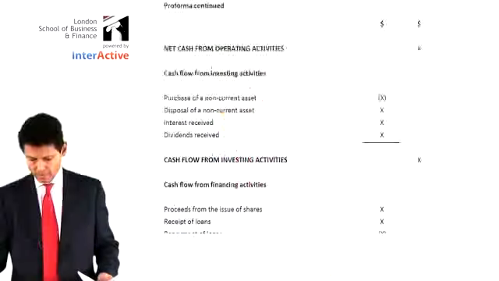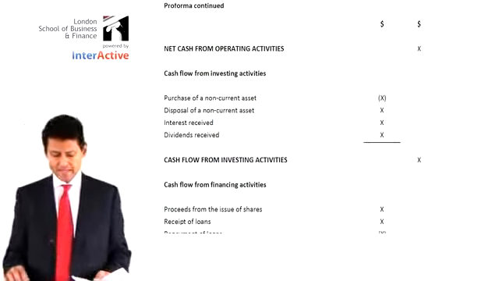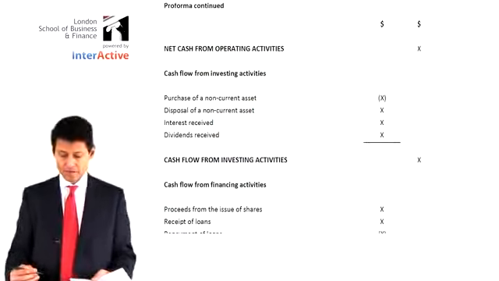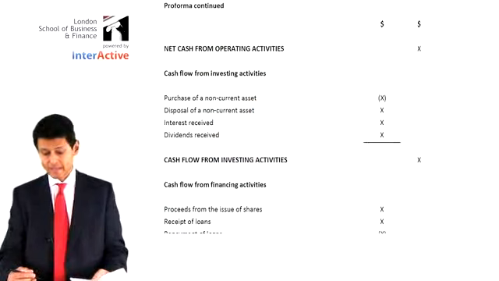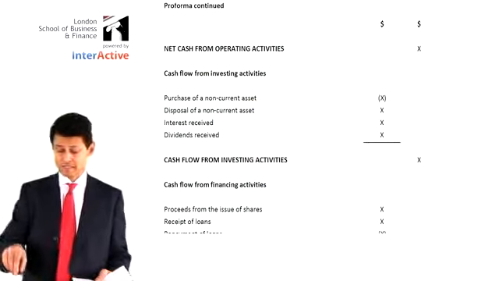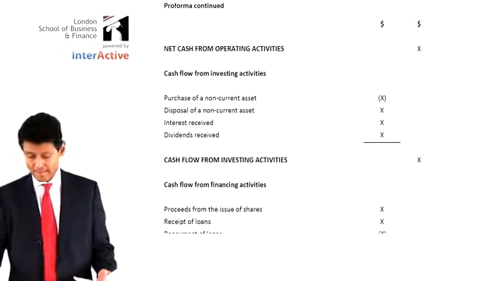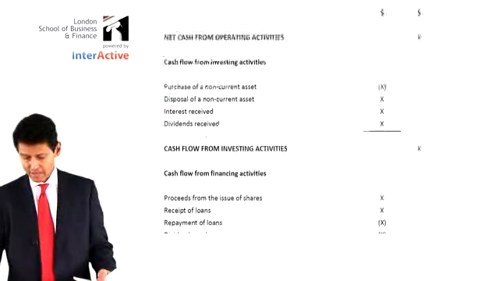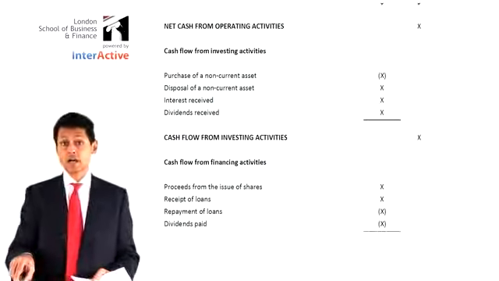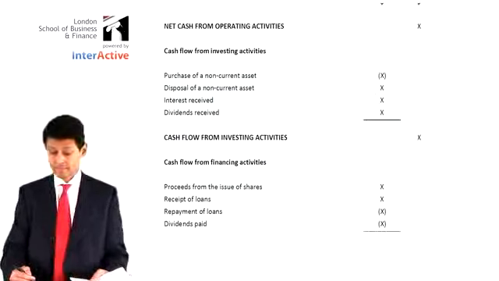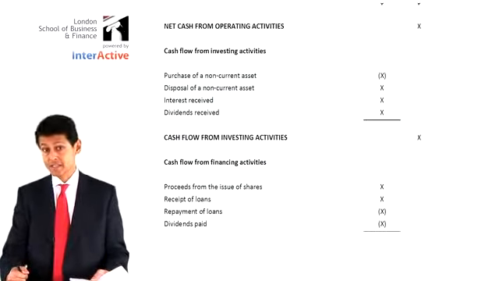So let's move on then to the net cash flow from investing activities and such like. The pro forma continued. Net cash from operating activities from the end of the previous page comes forward. It's just polite if you're doing a paper exam, or will do in time to come. It just is a good policy to help the market to understand how you've arrived at these balanced cash flow statements.